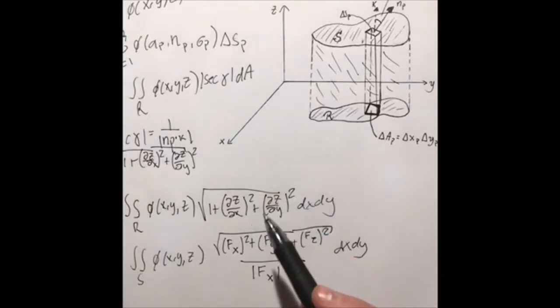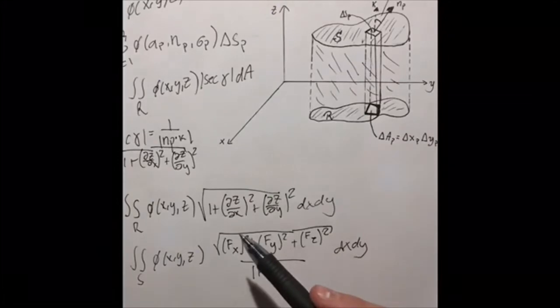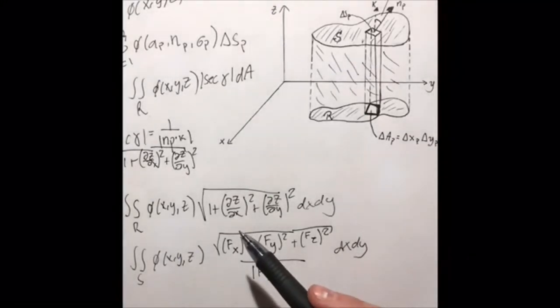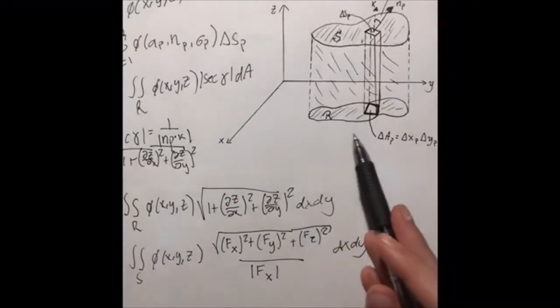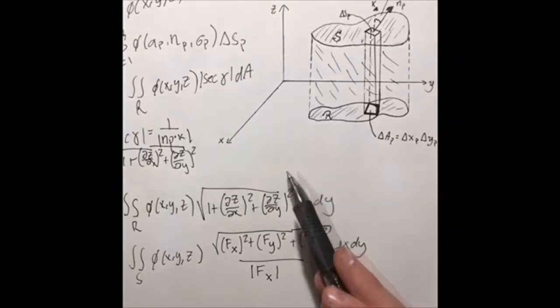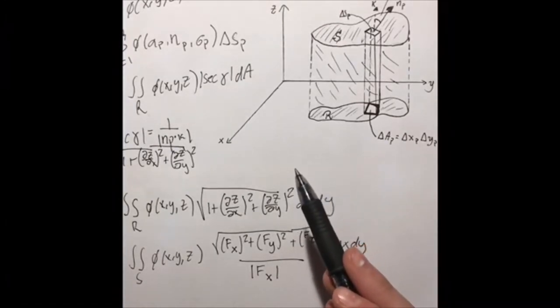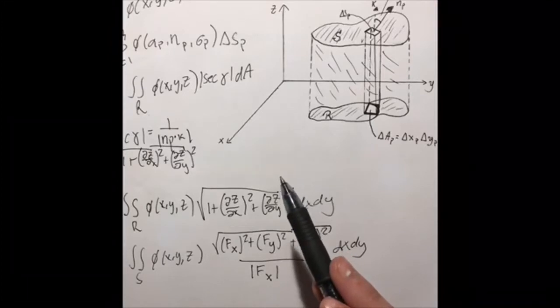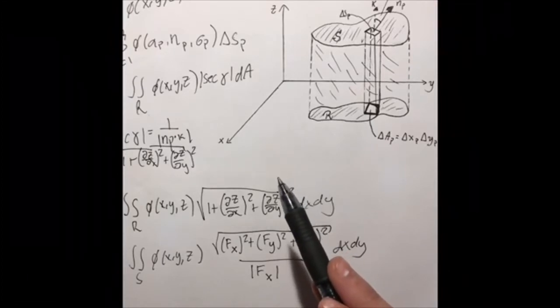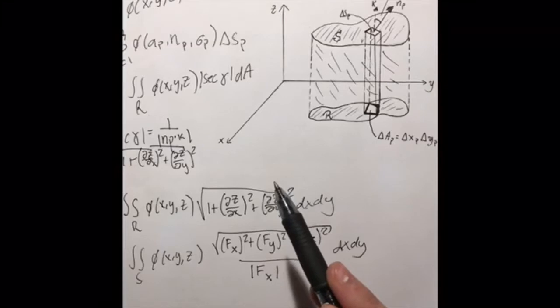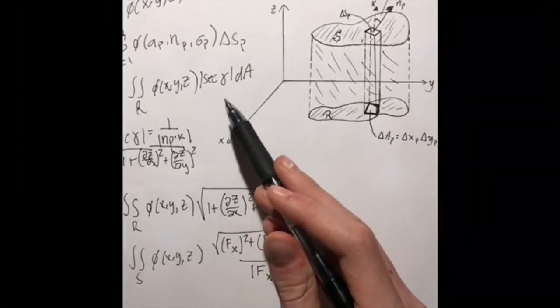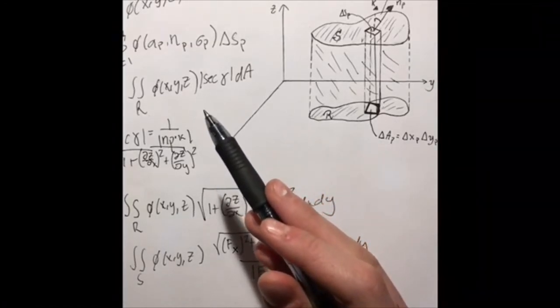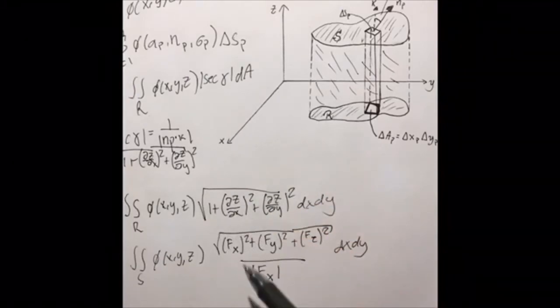The results stated hold when S is projected onto the region R of the xy plane. In some cases, it is actually better to project S onto the yz or xz plane. For such cases, this equation can be evaluated by appropriately modifying this and this equation.